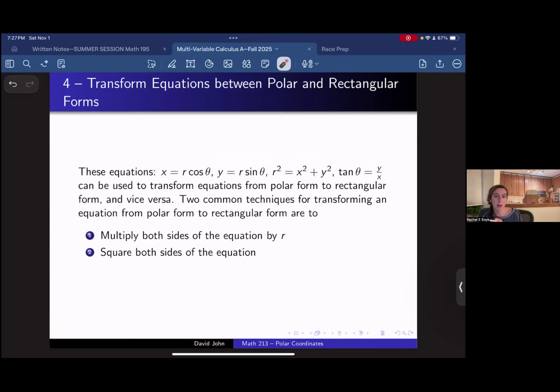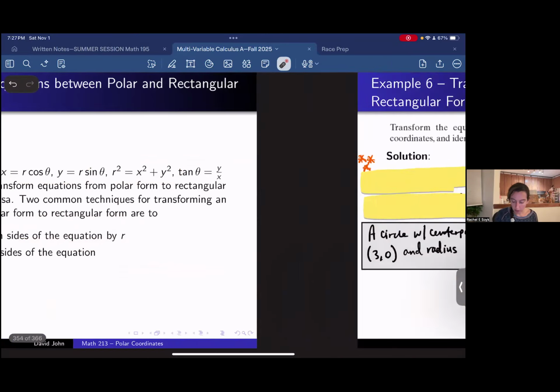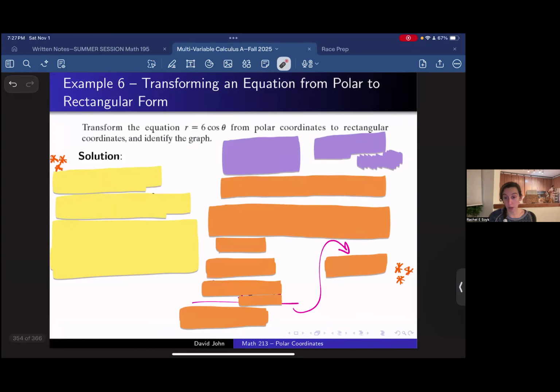The two common techniques for transforming between these forms are to multiply both sides of the equation by r so that we can utilize some substitution later on, or to square both sides of the equation so we can once again utilize substitution later on. Now we're going to practice that.